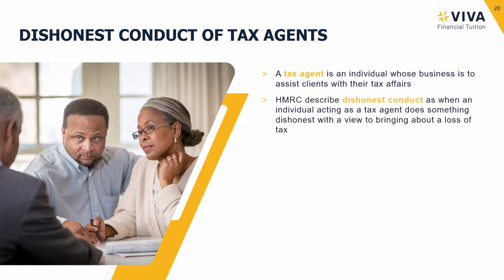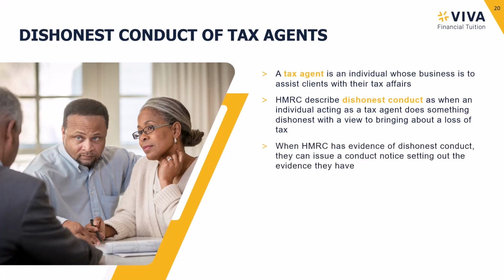HMRC will describe dishonest conduct of these tax agents as occurring when that individual acts as a tax agent and does something that essentially is with a view to bringing about a loss of tax. So again, some arrangement or some scheme that is intended to reduce the taxpayer's liability, but it's not a reasonable or commercial course of action. That's what we would call dishonest conduct.